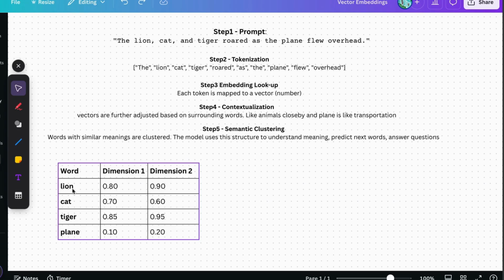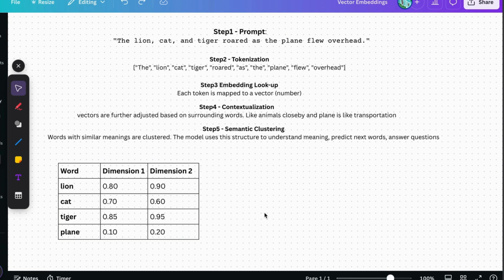See, when you look here, lion and tiger, because they are similar, have 0.80 and 0.85, which is almost close by. In the other dimension, 0.9 and 0.95, again close by. The cat is almost close to lion and tiger, however the plane is completely in a different dimension or direction.